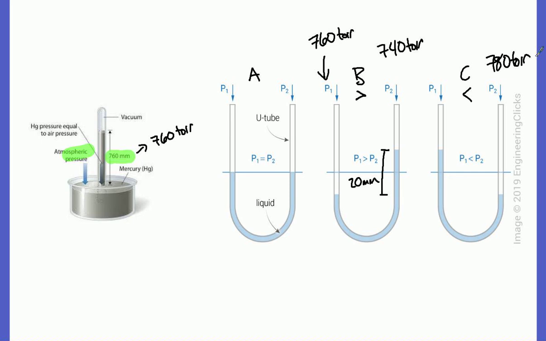So assuming that all of these pictures go together, that the height difference in options B and C is 20 millimeters for both, and that the liquid's mercury, I can know multiple pressures from those systems. I can infer the pressure of one from the other just by making that measurement, that difference in height.